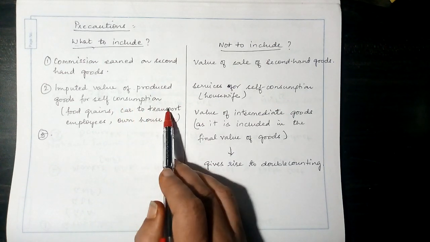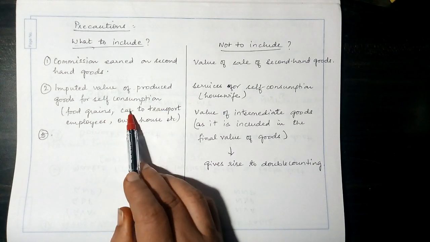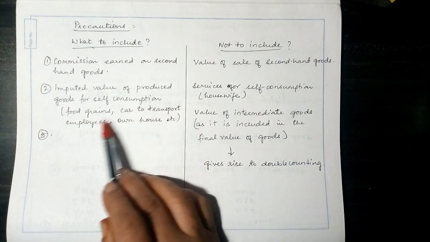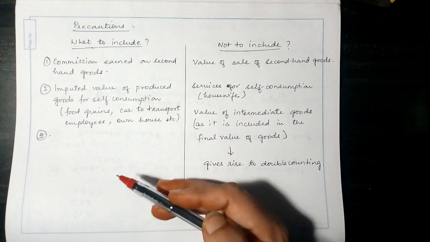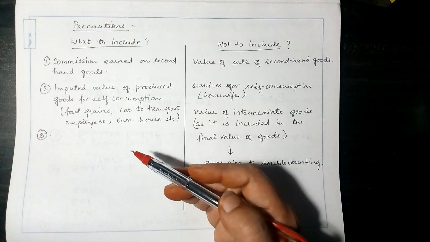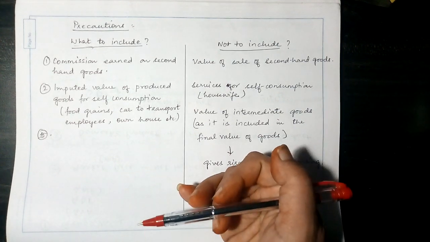Now, a car that is used to transport employees has cost the company some amount of money. That means this is a final good for the company, but it is utilizing it for transporting employees. So the imputed value of the car for its own use: had he given it for rent to somebody or run it as a cab, he would have earned some money.